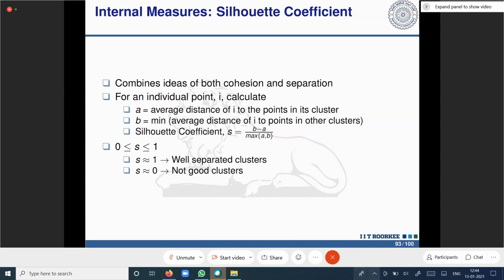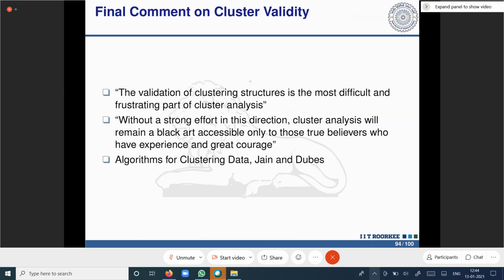The Silhouette coefficient is then defined as B minus A. B is the average from the nearest cluster, minus A, the average distance from within the cluster. So S ranges between 0 and 1. If S is a high value, close to 1, we have well separated clusters, and close to 0 means the clusters are not good.